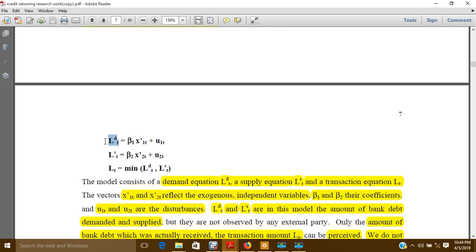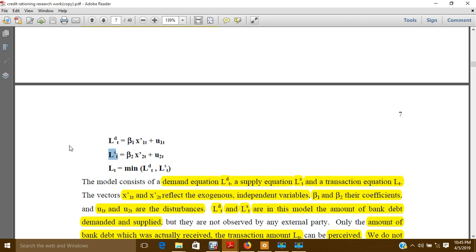We will take a condition when at equilibrium your demand equation will be equal to your supply equation. So your demand is taken as the quantity variable. Demand is the quantity that was demanded by the company as loan from the bank, and the supply equation will tell us the supplied amount of loan which was given by the bank to the company.